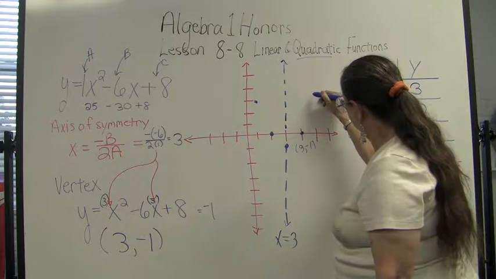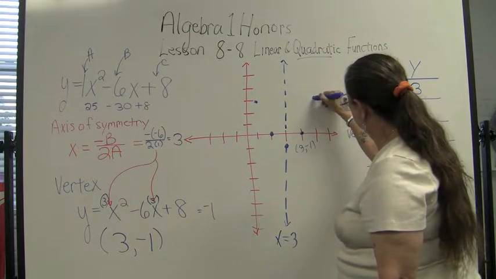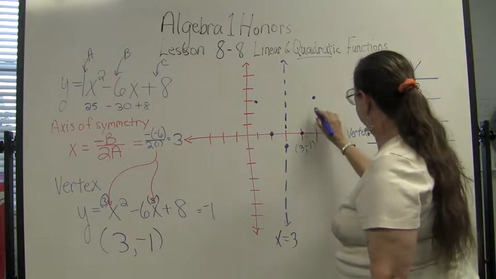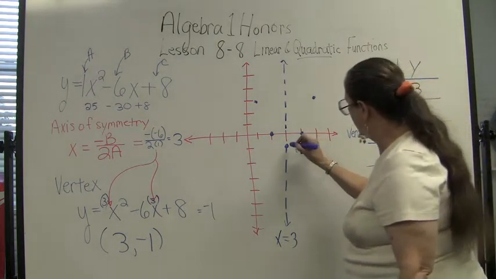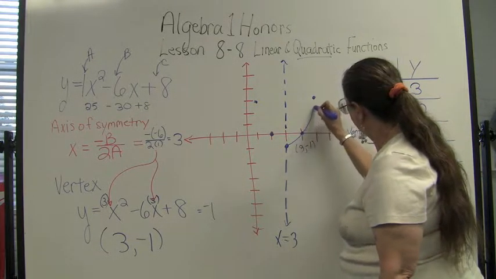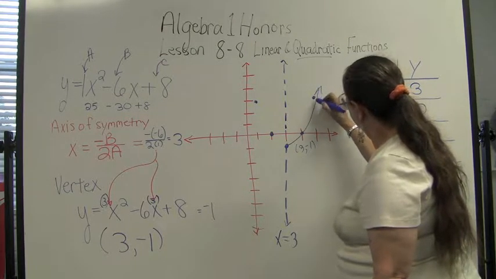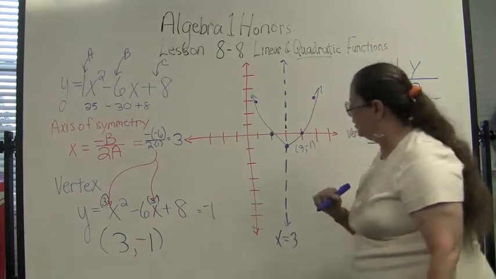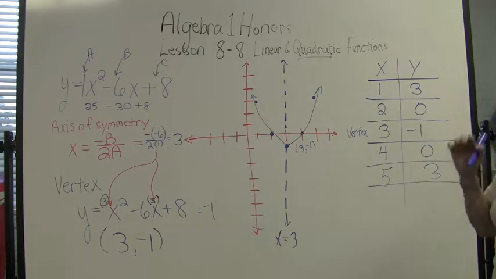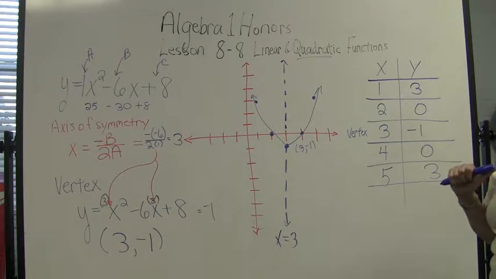And our other point needs to be right here. It needs to be the mirror. And let's see, 5 and up 3. Okay, now we've got enough points to draw our parabola. Okay, and hopefully you draw a little better than I do. Okay? But those are the steps that you go through in drawing a parabola.